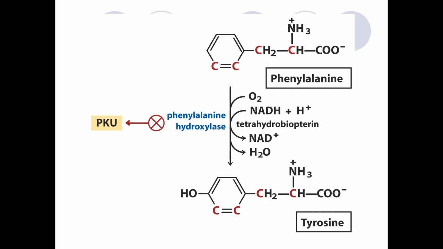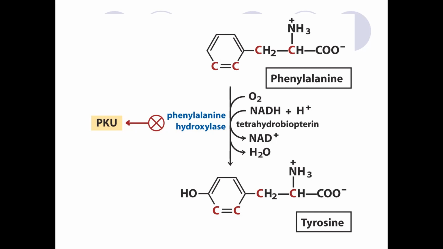And phenylketonuria nowadays is also known as hyperphenylalanemia. And that hyperphenylalanemia comes as a result of mutations in several different genes.